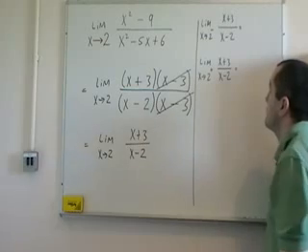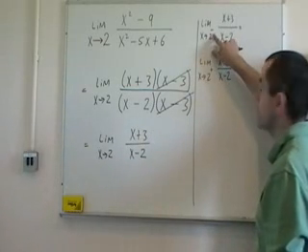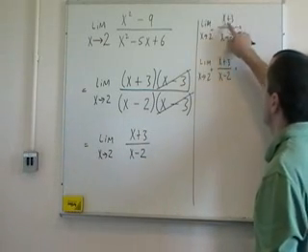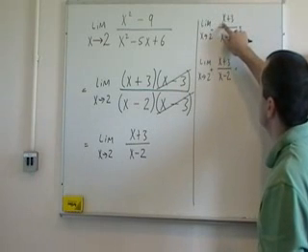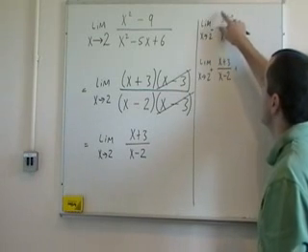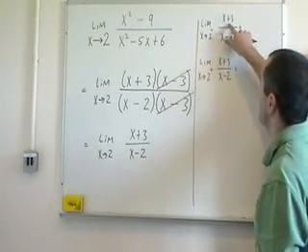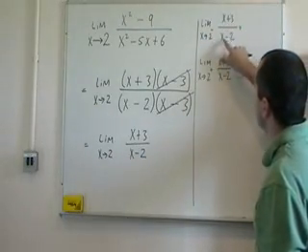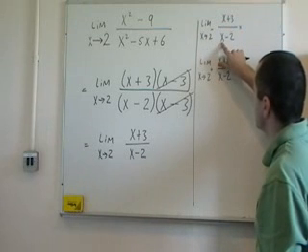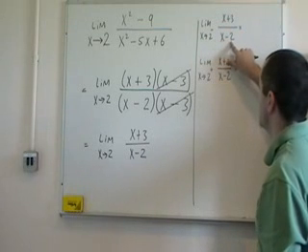So if I take a number slightly smaller than 2, let's sub it into the top first. If it's slightly smaller than 2, plus 3, up on top we've roughly 5. Not quite, but roughly 5. And on the bottom, we'll have a number slightly smaller than 2, take away 2.